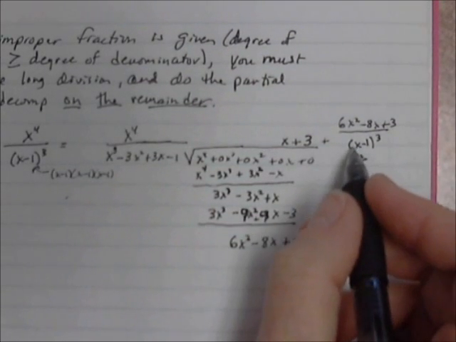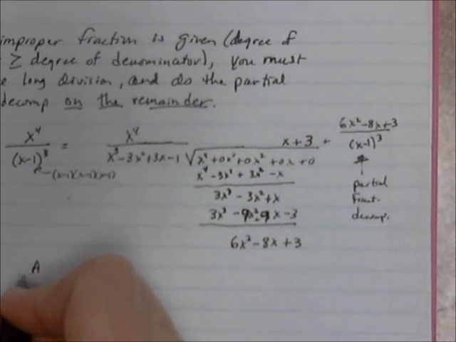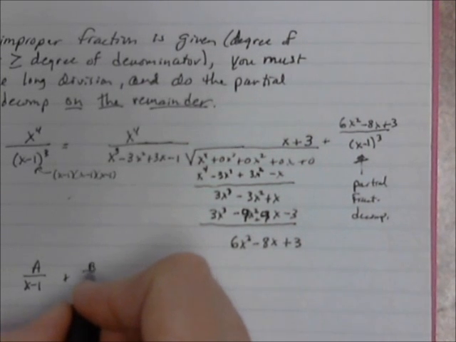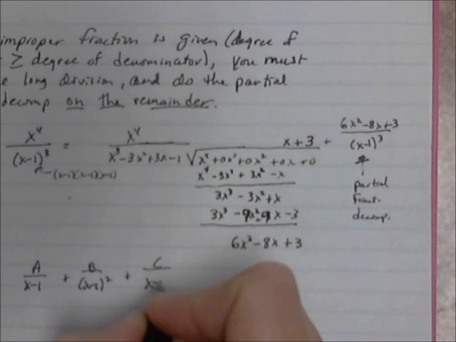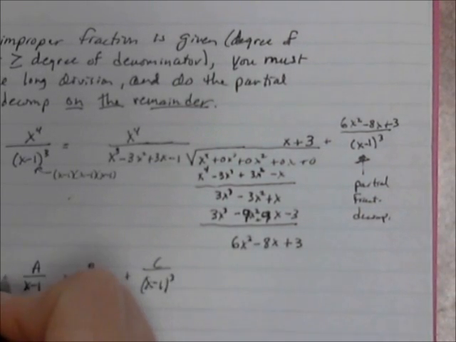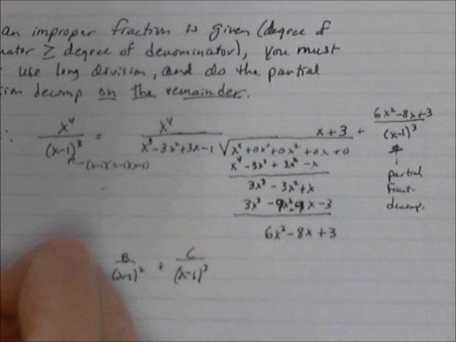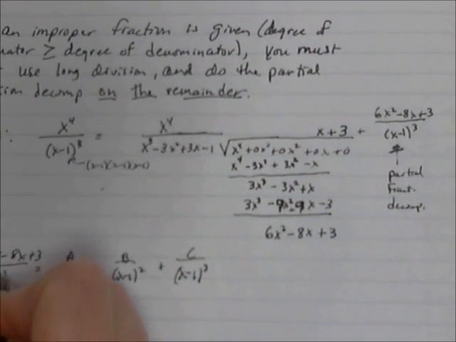So since this is a linear factor repeated 3 times, we're going to have a over x minus 1 plus b over x minus 1 to the second plus c over x minus 1 to the third power. And that's going to be equal to our 6x squared minus 8x plus 3 all over x minus 1 cubed.